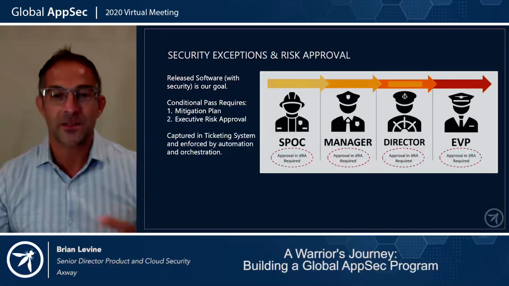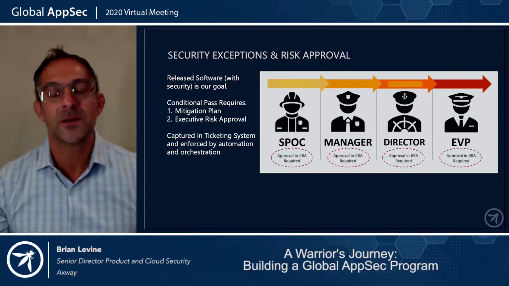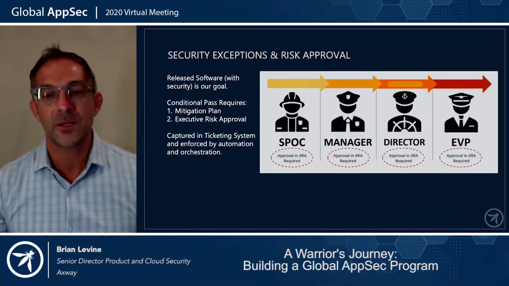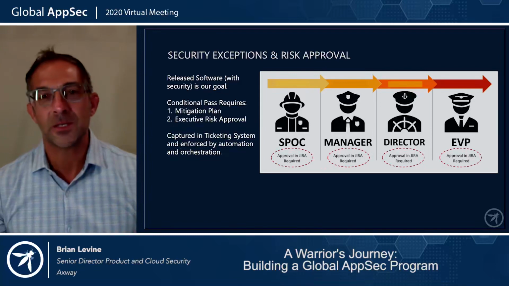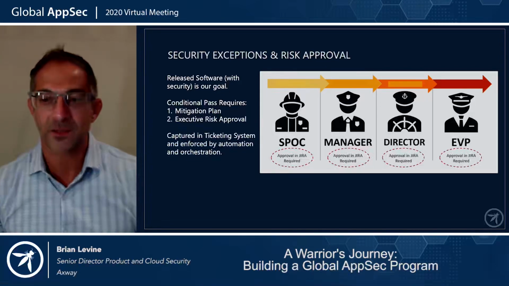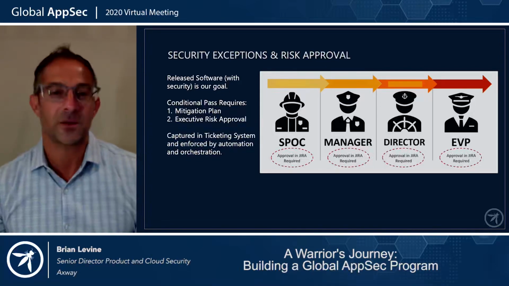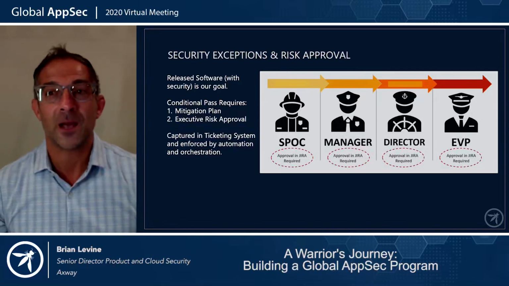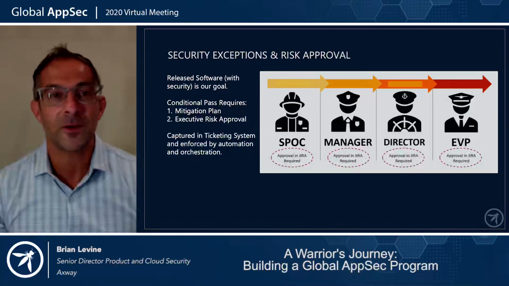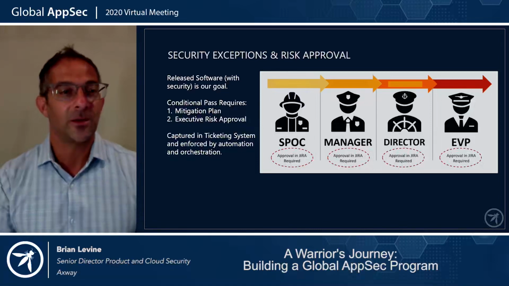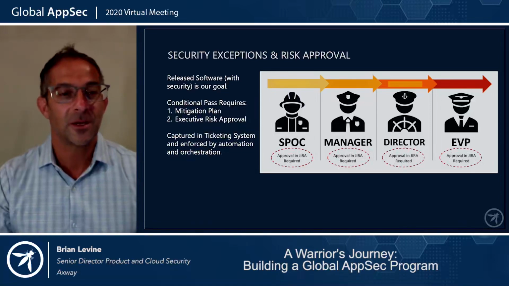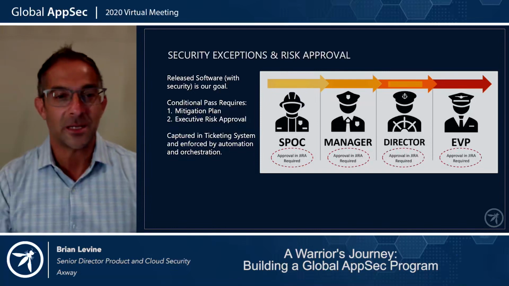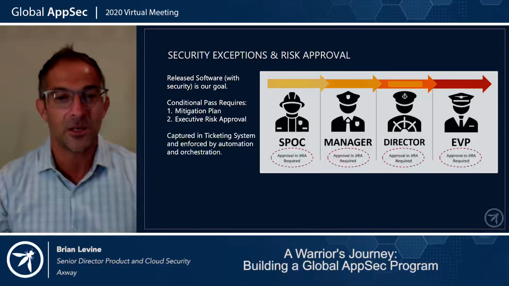This way, it's the line of business and the executive that owns the risk. The development team is not owning the risk. The SPOC doesn't own the risk. The business managers and the executives own the risk. And the most important point here is that we capture these approvals and mitigation plans in our system of record, in our engineering tooling.